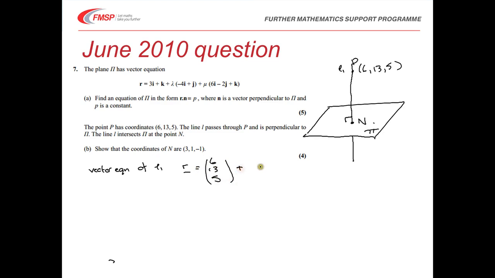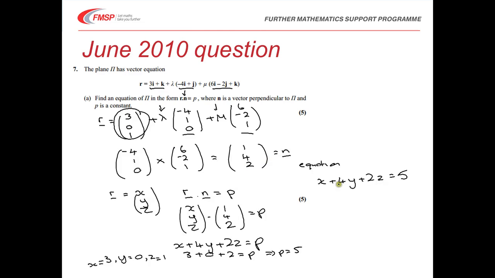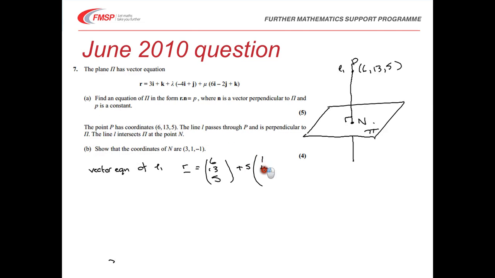And then plus, let's call it S, so we'll call this our parameter S, times the direction of that line. Now the direction can be the normal to the plane. We can see this line is supposed to be perpendicular to that plane. So if we go back to our previous work, remember that 1, 4, 2 is that direction. So we can just have 1, 4, 2 here.